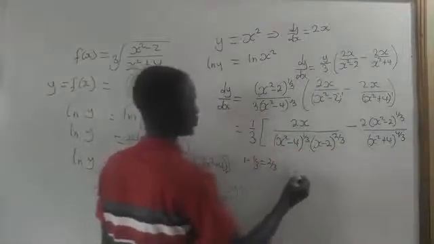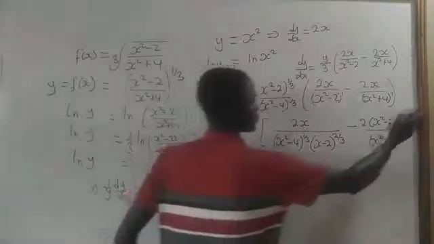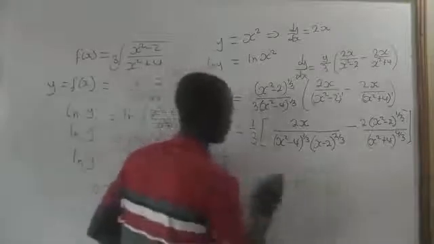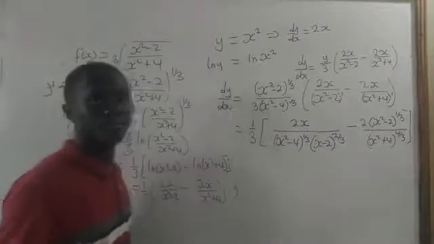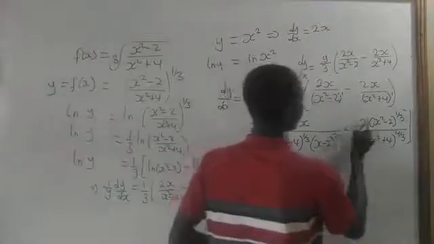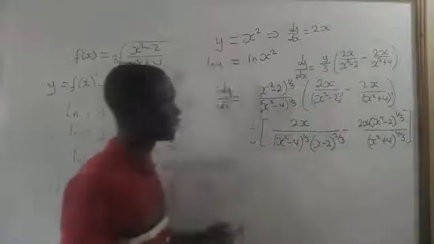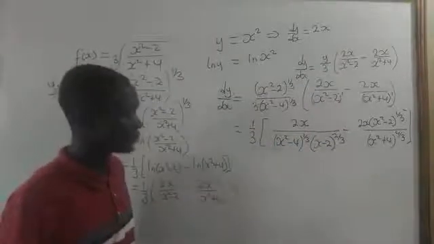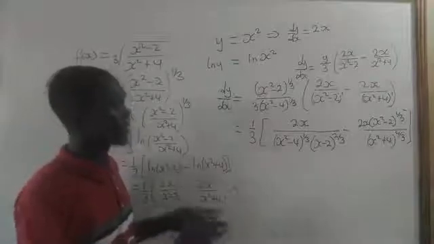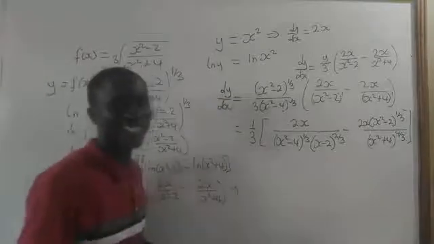So 1 plus 1 out of 3 will give me 4 out of 3. This is a very nice question. Wow. So, yes, this is 2x. I hope we can leave our answer here. Very, very simple as that. You can still simplify it further, but let's leave the answer here.